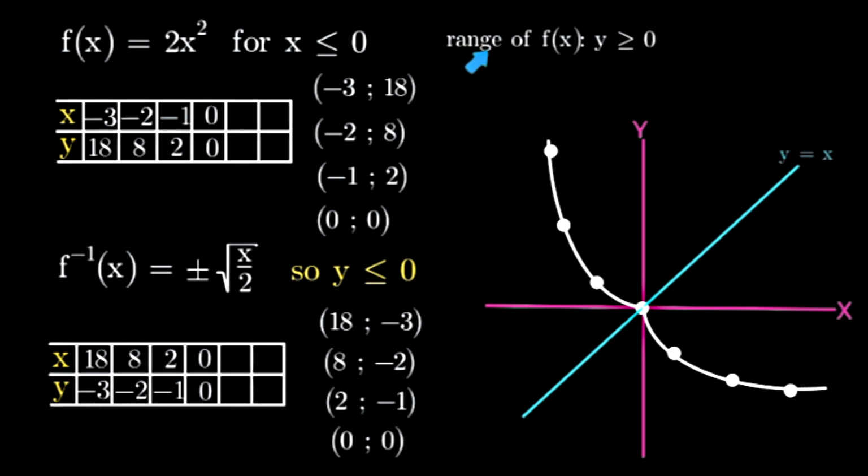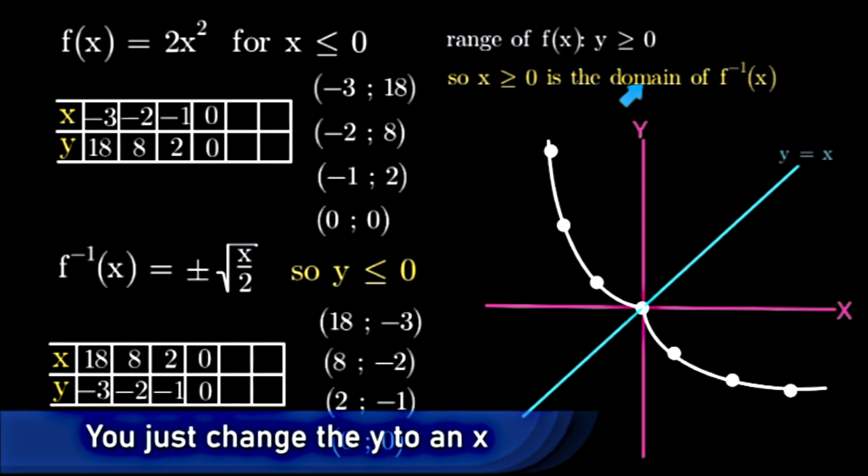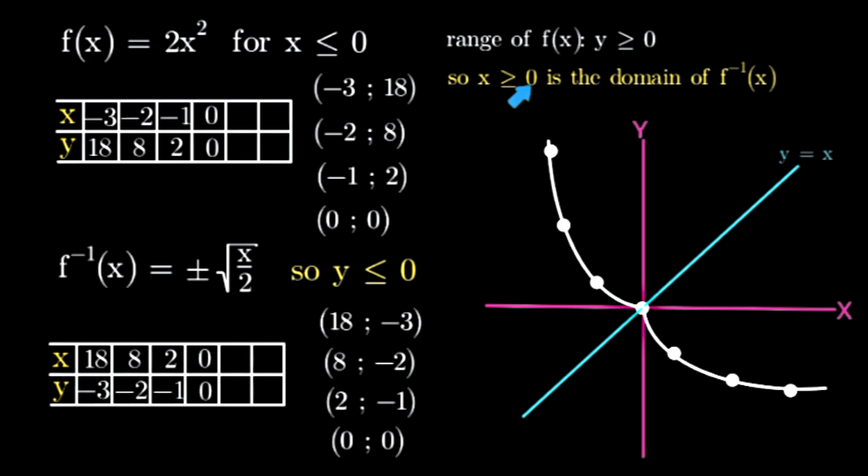Okay, now why do I mention this? Because if we change this y to an x, it is the domain of our inverse function. Again, the inverse is just the x and y swapped around from our original function. So if I change this y to an x, then it's not range anymore, it's domain. So our domain for our inverse function will be x is greater than or equal to 0.